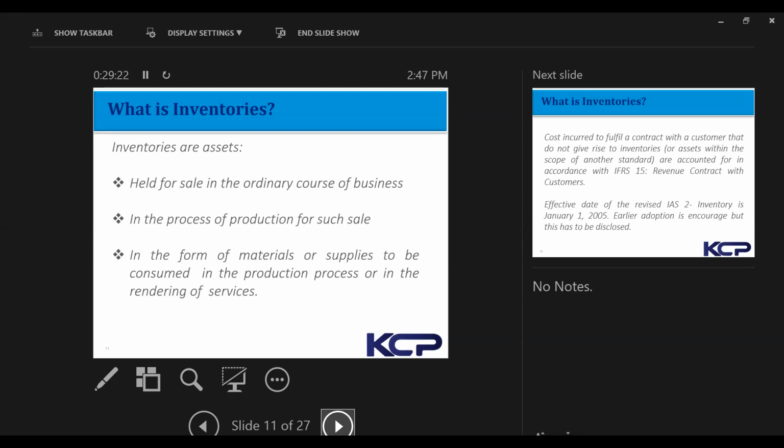If I have certain assets that are held for sale, not in the ordinary course of business, it doesn't qualify as an inventory. Who can give me a typical example of that? I have assets that I've held for sale, but not in my ordinary course of business. Who can give me an example of that and what standard talks about that?